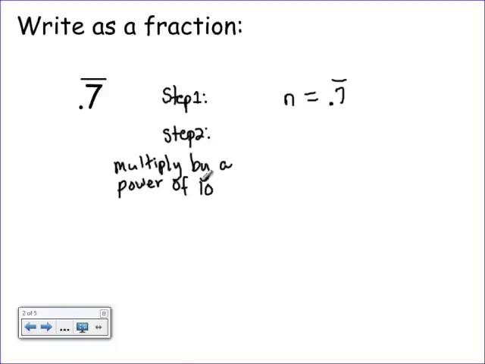And your powers of 10 are like 10, 100, 1,000, 10,000. Those are all powers of 10. Not a multiple of 10, not 10, 20, 30, 40, 50, 60, but a power of 10. And you can pretty much do any power of 10 you want, but I tend to pick the lowest one that works. In this case, I see one number repeating, a 7. So I'm going to multiply by the first power of 10.